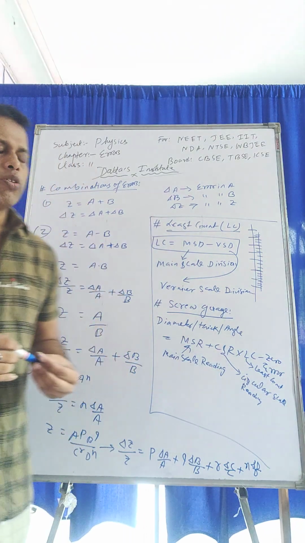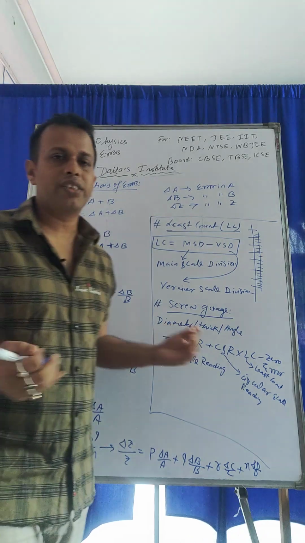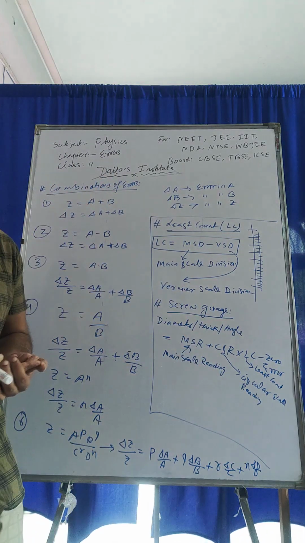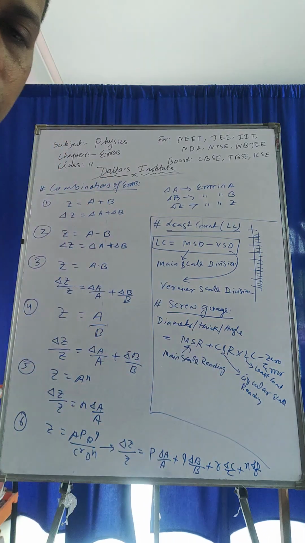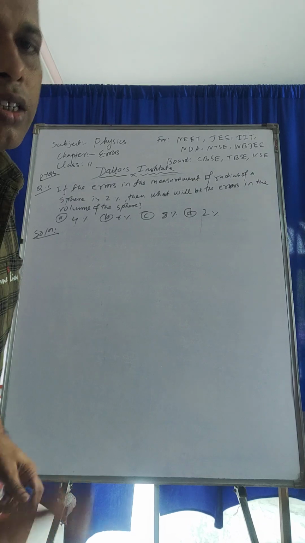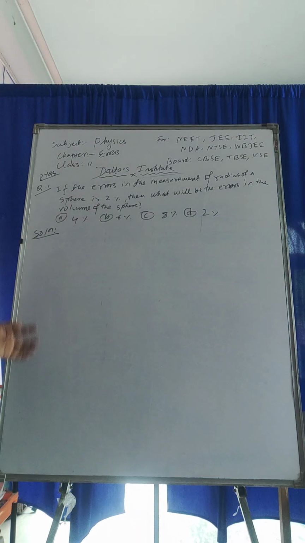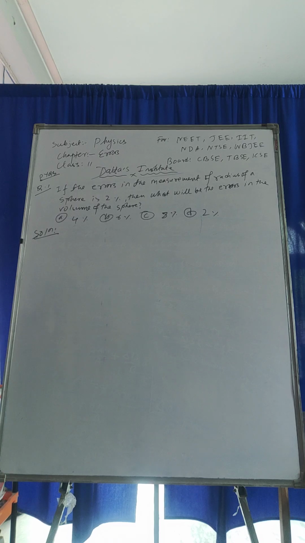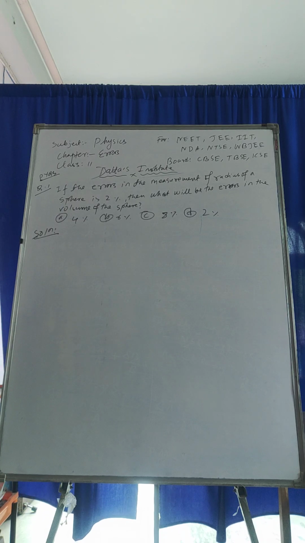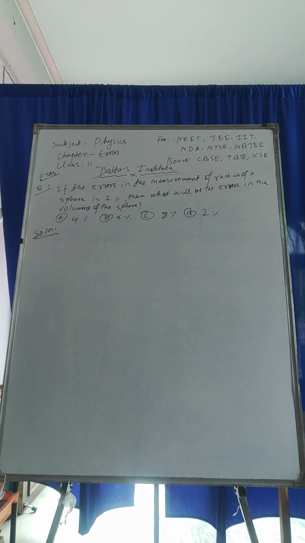Now we will take some previous year questions from the NEET and JEE sections, and I will try to solve them. Our first question from the error topic is: if the error in the measurement of the radius of a sphere is 2%, then what will be the error in the volume of the sphere?